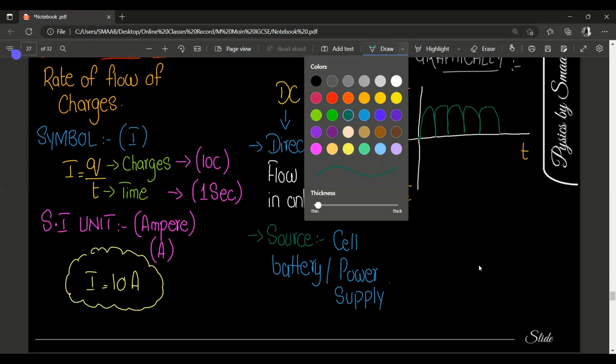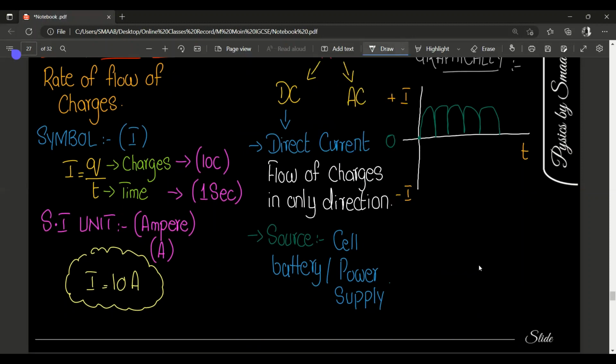If there is a fixed value of electric current, let's suppose a cell or battery is connected, the battery and cell will give you an exact, fixed value. How? Because when you connect a cell, you can easily observe on the sticker of the cell or battery that the voltage is mentioned there.